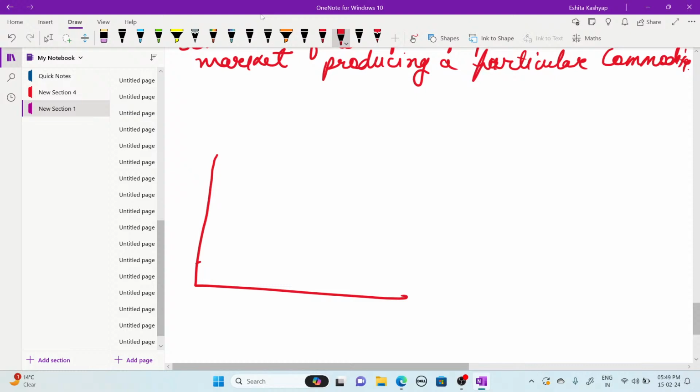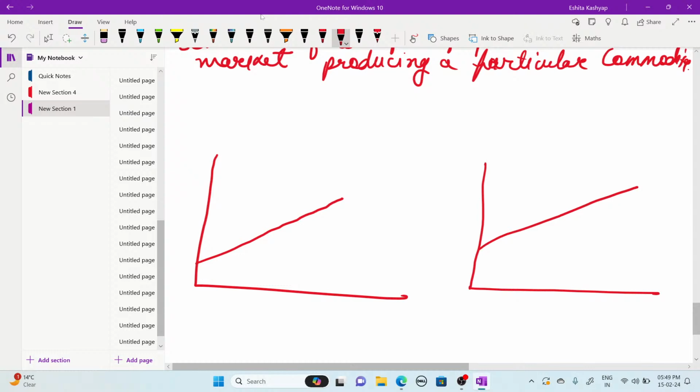Let's assume there are two individual supply schedules. At price 5, zero quantity is supplied, the producers are willing to sell nothing. But as we go up from 5 to 10, producers are willing to sell 10 units of output.